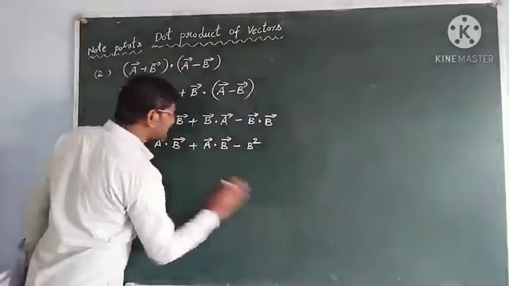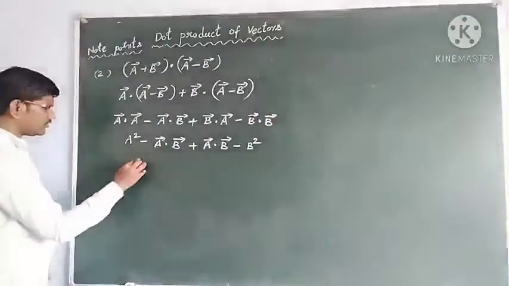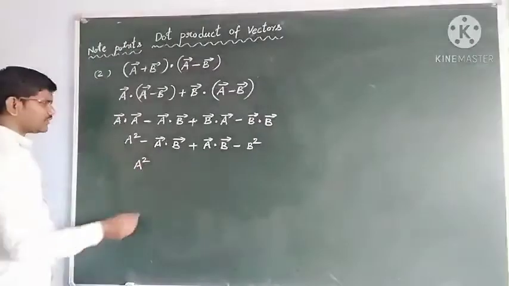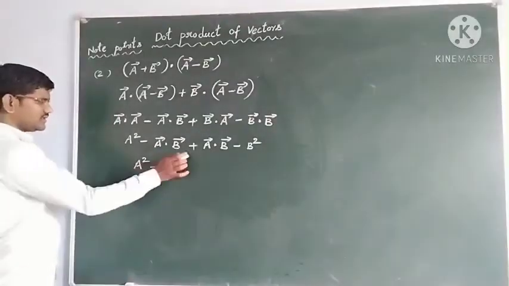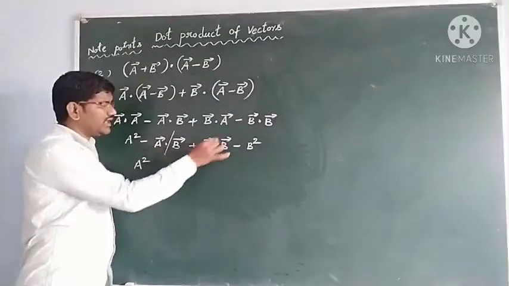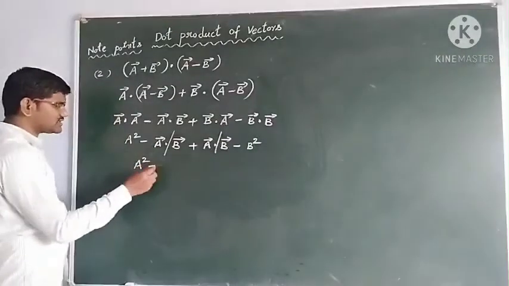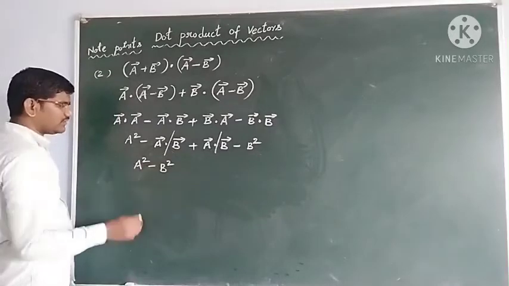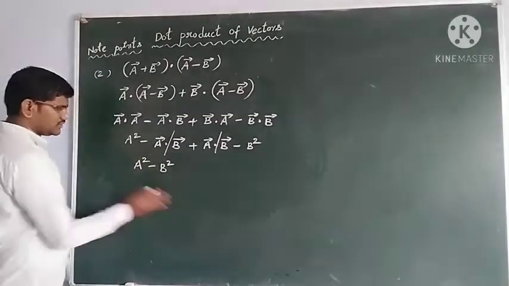Now you will get a square minus a bar dot b bar, and plus a bar dot b bar, it's cancelled. So you will get a square minus b square.